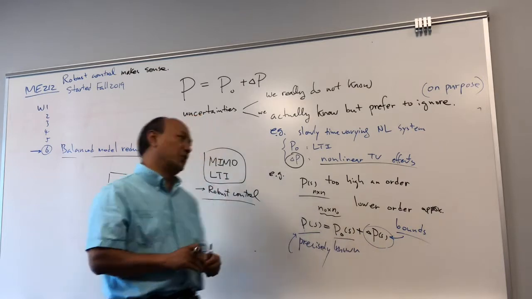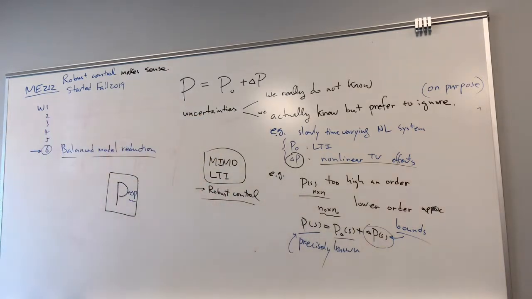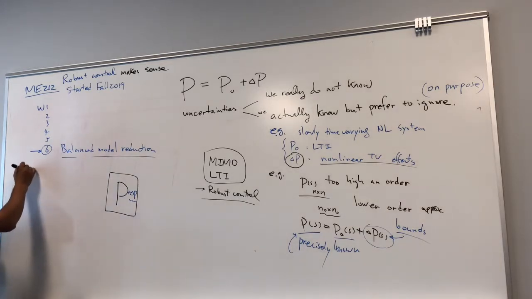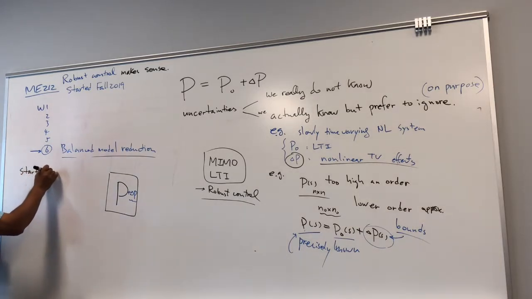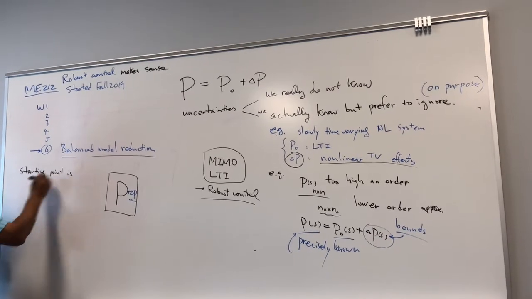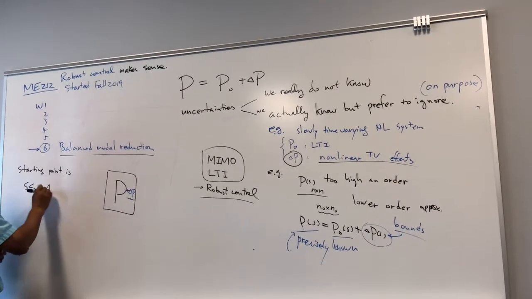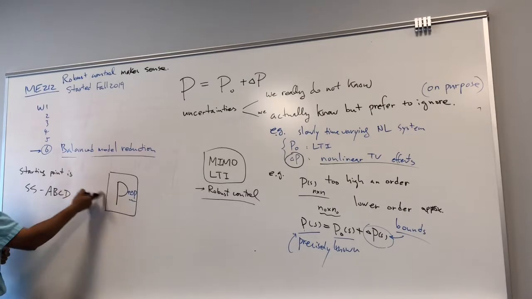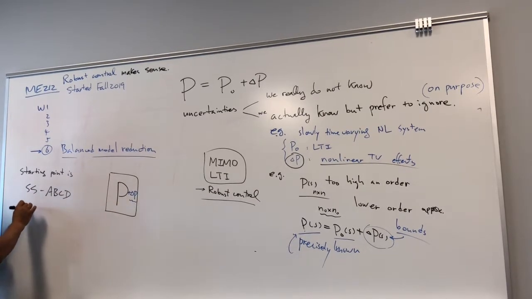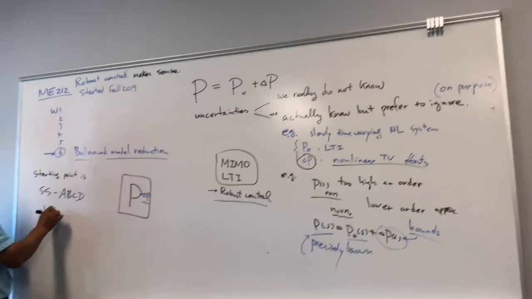To have a very good, solid mathematical discussion, our foundation starting point is the state space A, B, C, D realization, which is called a balanced realization.